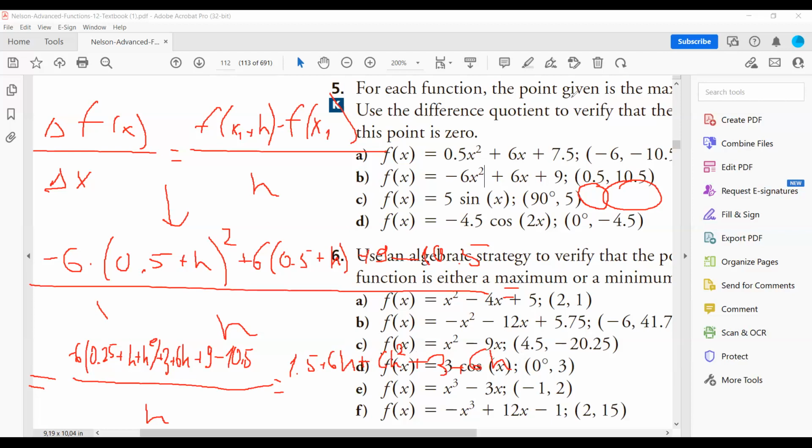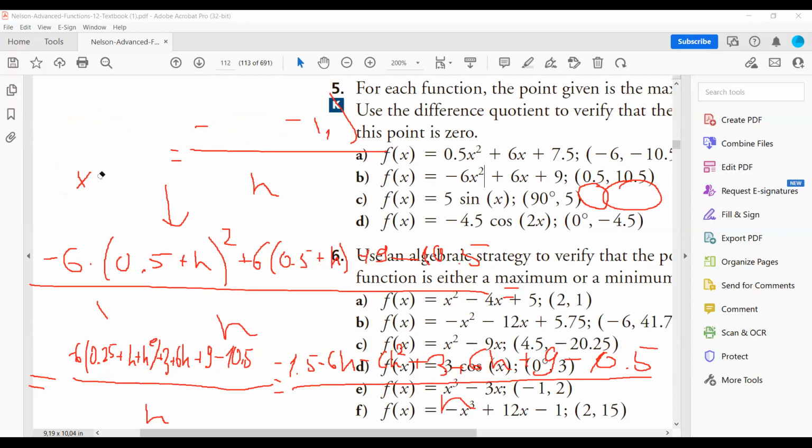Oh, by the way, it's negative, right? Multiple is negative, so we're gonna have negative 1.5 negative 6h and negative 6h squared plus 3 plus 6h plus 9 minus 10.5 divided by h. I'll clear the beginning, move on here, continue my solution here.